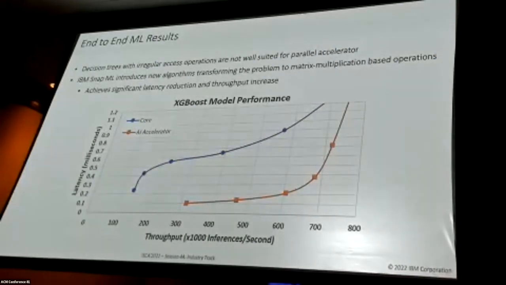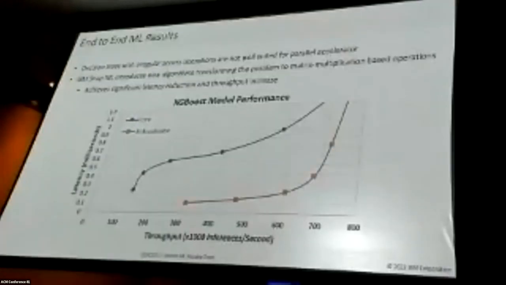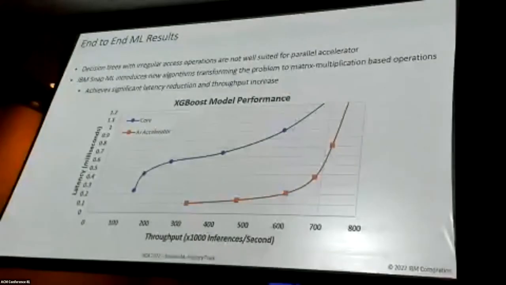Machine learning has on top the problem, if you think about the decision tree, that it has a very irregular access pattern, which is not very well suited for parallel accelerators. We worked again with the research team to introduce algorithms which are more matrix multiplication based and also saw a similar result. If you look at the red curve, we have significantly lower latency and significantly more throughput achieved.